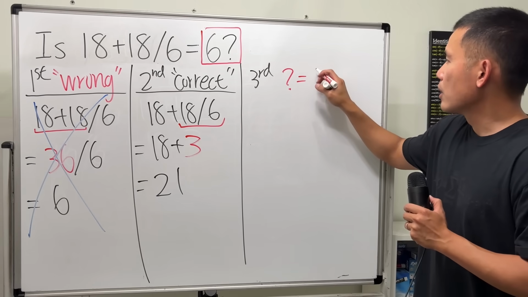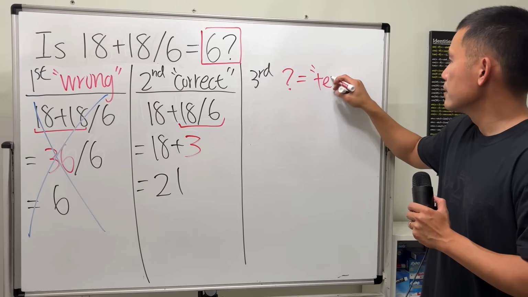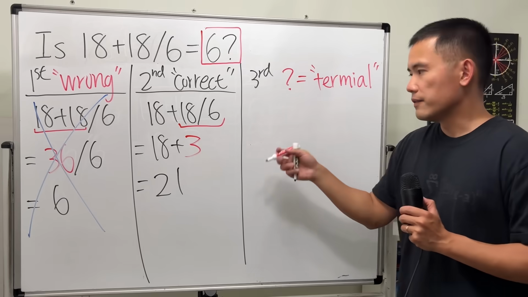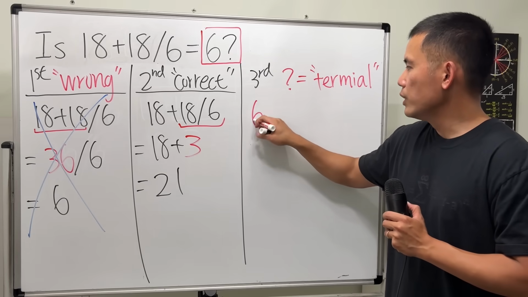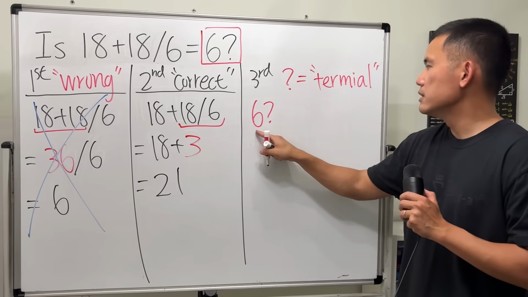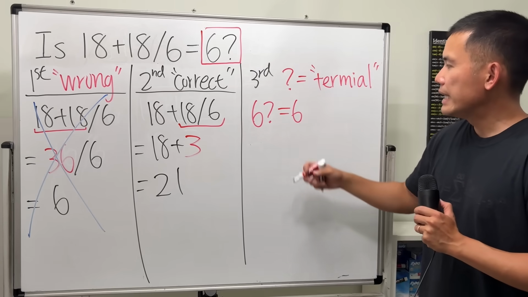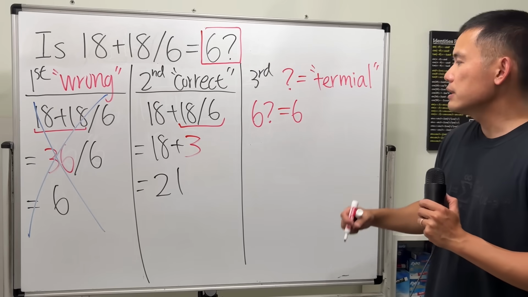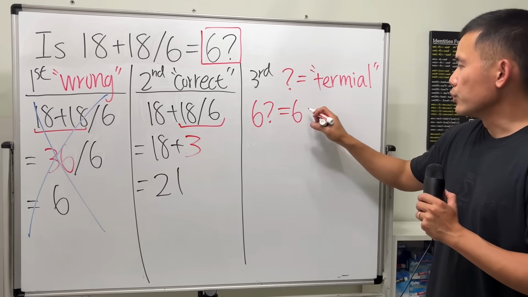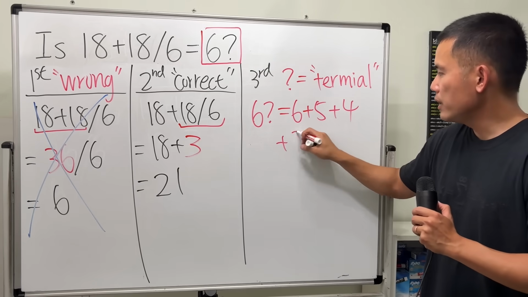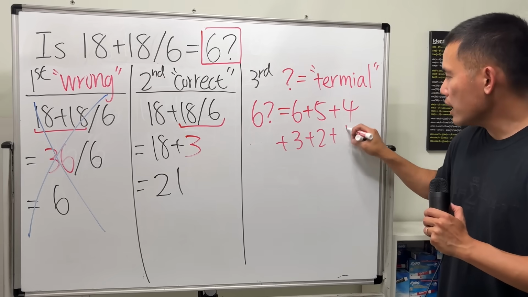This right here is called a terminal. So what it does is the following. If you have 6 with a question mark, namely 6 terminal, you start with 6, and then you keep going down with the numbers, and you are going to add them up. So you do 6 plus 5 plus 4 plus 3 plus 2 plus 1.